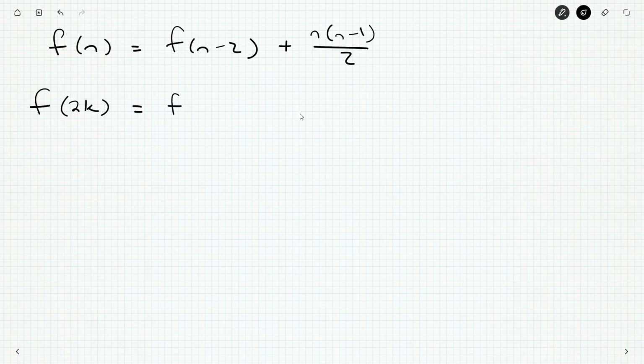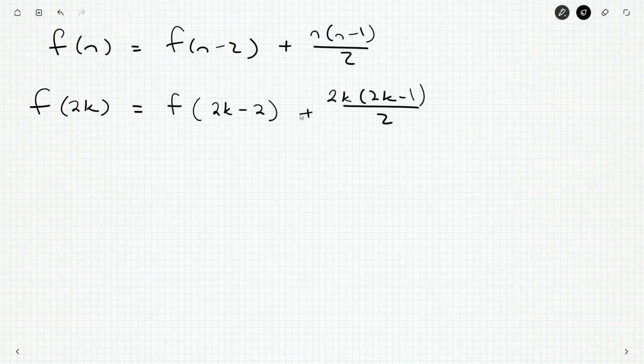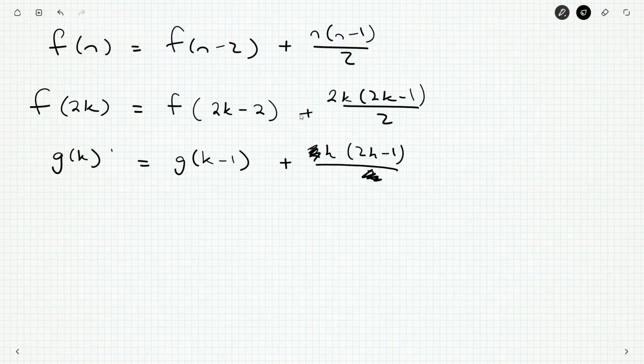So then that tells me I've got f of 2k minus 2 plus, it'll be 2k minus 1 all over 2. So if I called this g of k, and then this would be g of k minus 1, we have this formula. I can divide by 2 on both sides here.